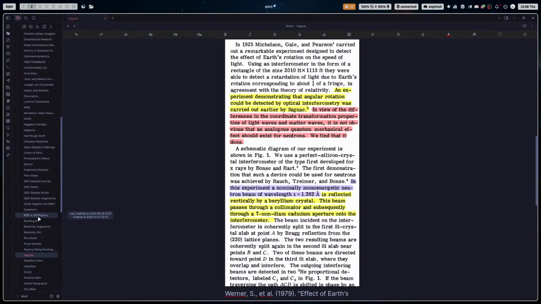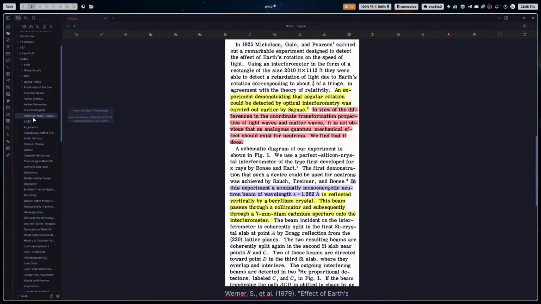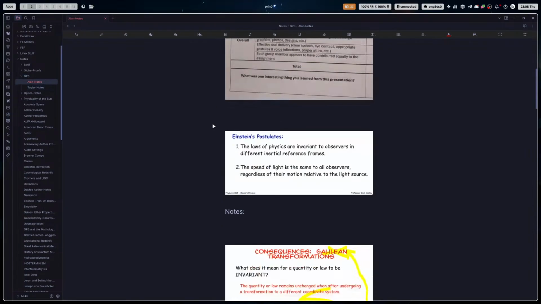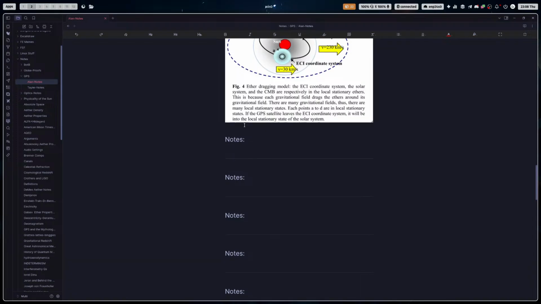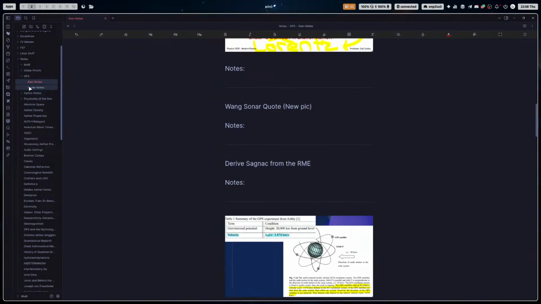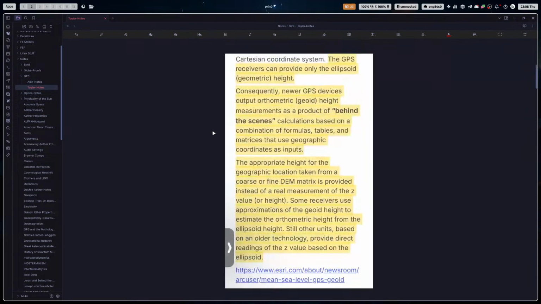So it's the same signal, but it arrives at the receivers at different frequencies simultaneously. So they can actually tell what the approach or recede speed is relative to their locations.